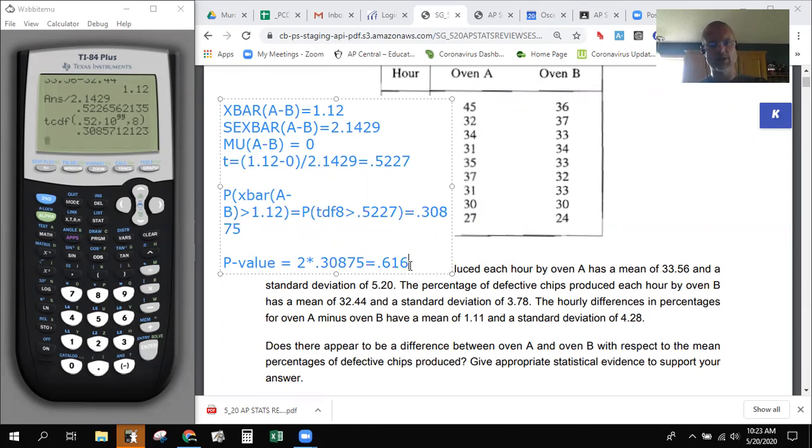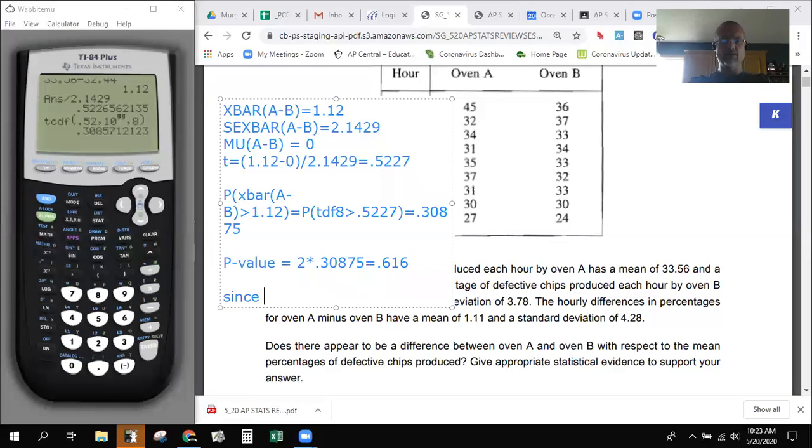So this is really a big p-value. Now we make a decision. Since the p-value equals 0.616, which is greater than alpha equal to 0.05, we fail to reject the null hypothesis, H0.